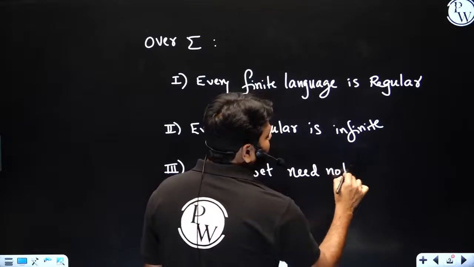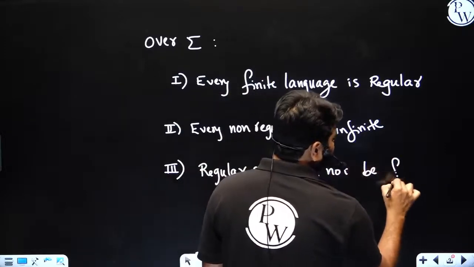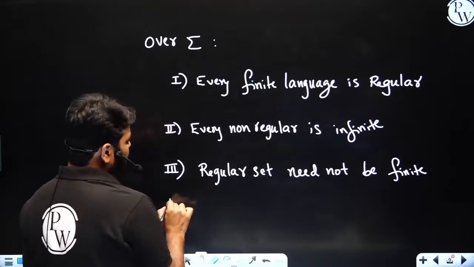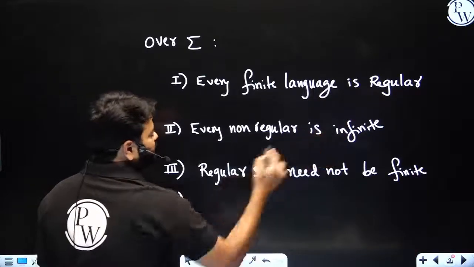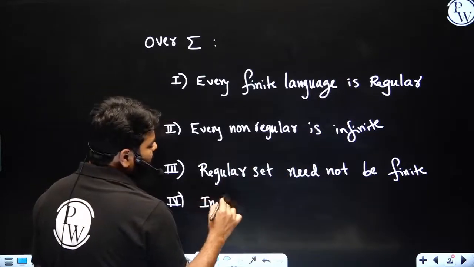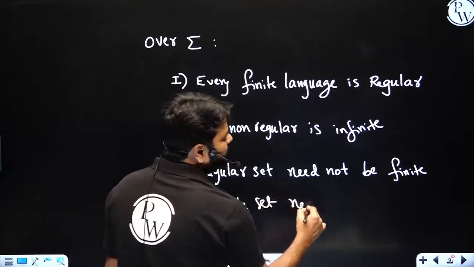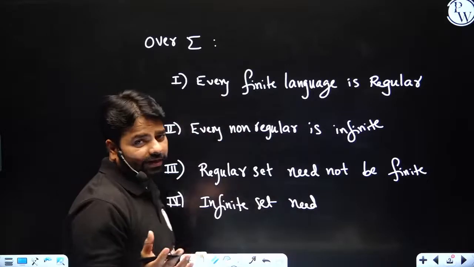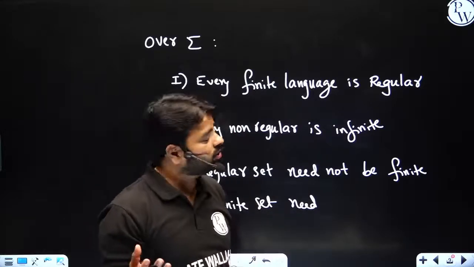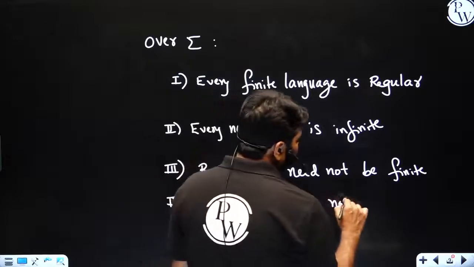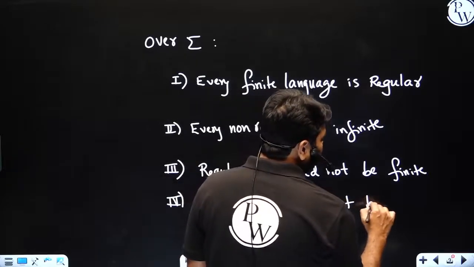It may be finite or it may not be. Similarly, fourth: an infinite set need not be non-regular. We know that some infinite sets like a star, (a plus b) whole star, are infinite but also regular.